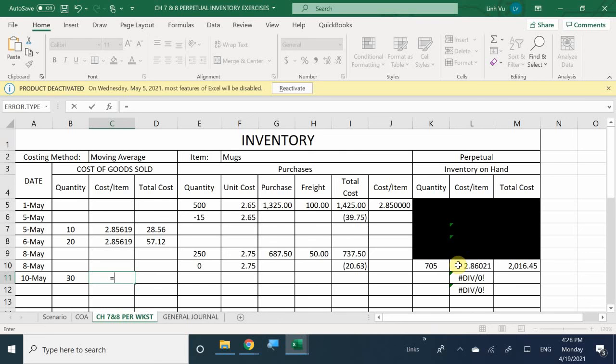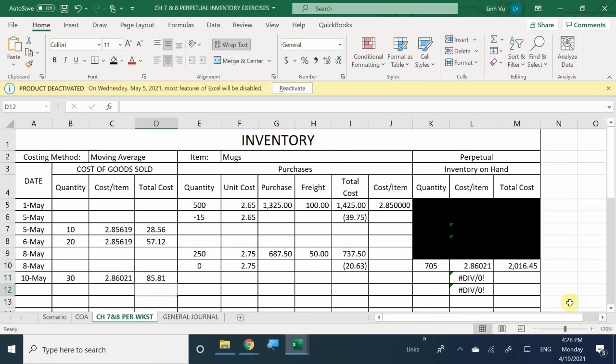At the $2.86021. Good. So how much is my total cost of goods sold? $85.81. $85.81. Good. So that's how much we sold. Now let's go ahead and update our inventory so then we can go ahead and proceed.